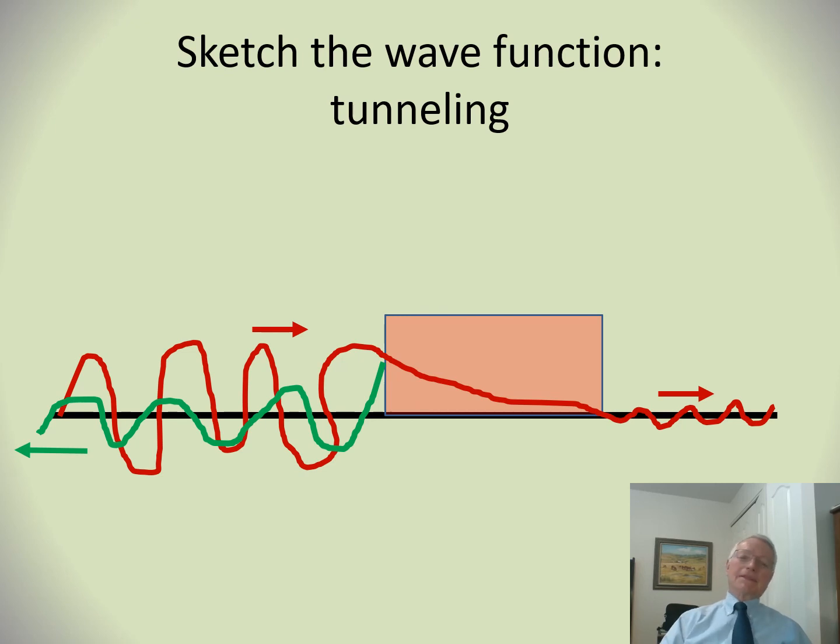It means that the wave function dies slowly, with an exponential decay inside that region where the potential energy is too high. The green wave is the reflected wave, but on the back end, if the potential energy hill doesn't extend too far, then the particle can be reborn in a region where it does have enough energy to propagate, and you get a red wave again on the back end of the barrier.